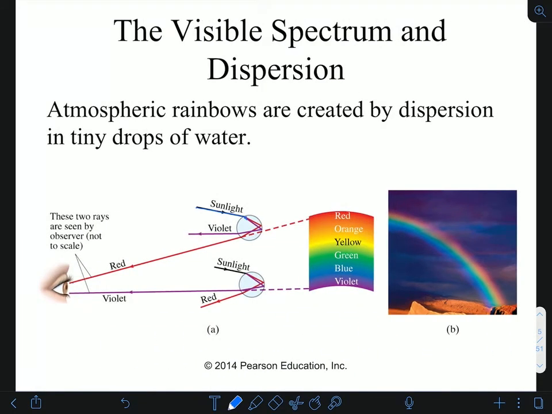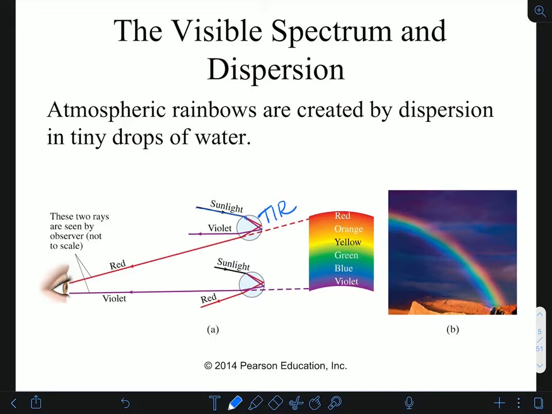If you imagine a droplet of water, that droplet is going to refract light. So incoming you have sunlight, and then the violet gets refracted more, it's bent more towards the normal than red light. Over here you have total internal reflection, and then again you have refraction back out. But now at this point the light has been separated out.